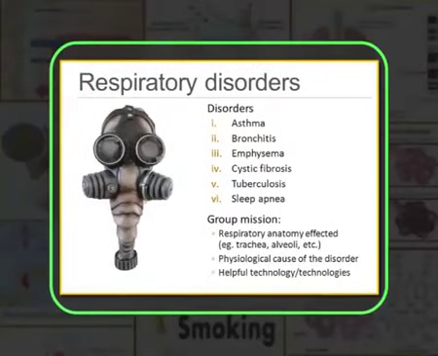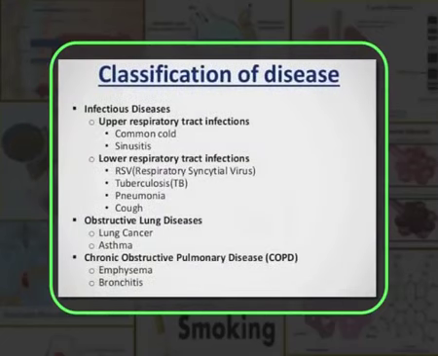Now, we will discuss some of the respiratory disorders. Some of them are asthma, bronchitis, emphysema, cystic fibrosis, tuberculosis and sleep apnea. Now, classification of diseases can be like infectious diseases, in which upper respiratory tract infections like the common cold and sinusitis, the lower respiratory tract infections which include the respiratory syncytial viruses, tuberculosis, pneumonia, cough.